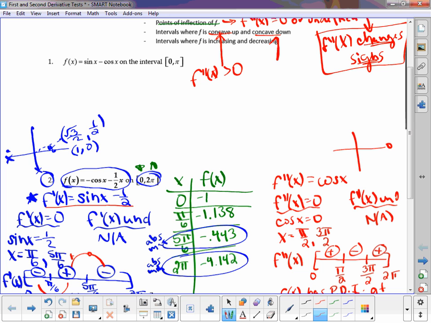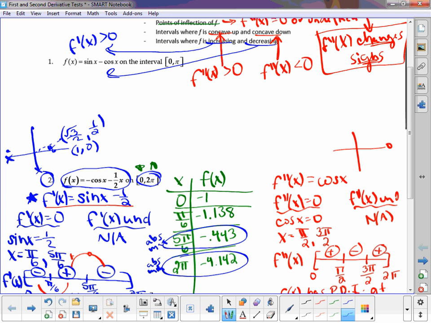And what is my justification for concave down? Good. Second derivative is negative. All right. Then what is my reasoning, my justification for my function increasing? Prime is positive. Good. My first derivative is positive. And how about for decreasing? First derivative is negative. Again, justification is really important that you know these.